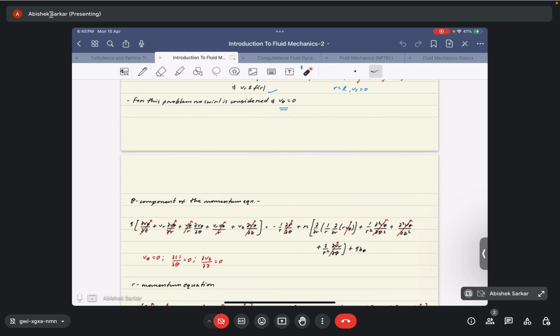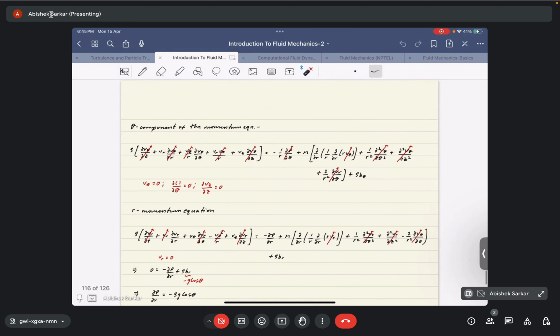Okay, the details I don't want to mention in this session, but since the coordinates are not independent of each other, that is, the r component or theta component are not independent of each other in the case of the cylindrical coordinate system, there are some additional terms in the governing equation that arise because of this dependency that we also need to take into consideration.